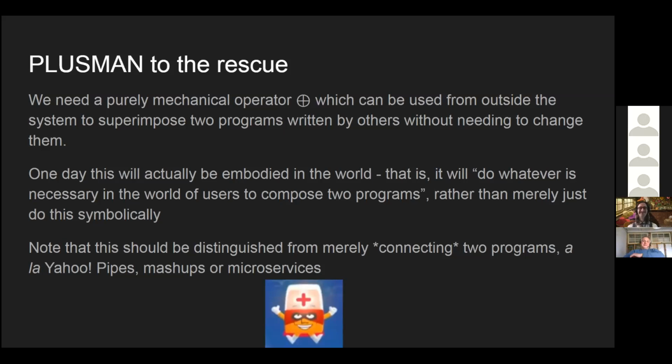And so this should be distinguished from merely connecting two programs. This was an interesting observation following Marcel's talk. So anyone can compose programs at their edges. What we're talking about here is composing programs across their entire design surface and appealing to a notion that our colleague Clayton Lewis is fond of citing from Jaron Lanier.